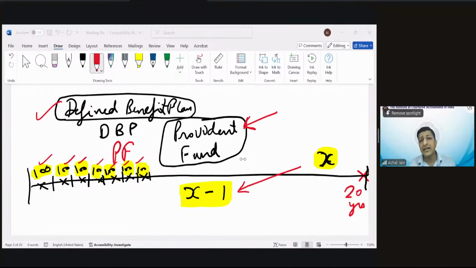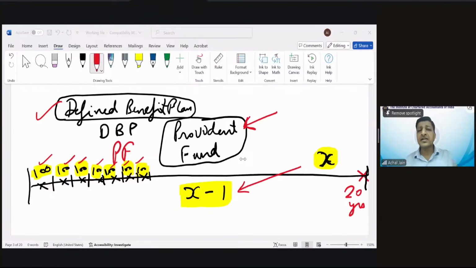And does it really matter? The answer is again no. Why? Because you need to understand the principle. Let's understand this with the help of an example. When we talked about leave encashment, the leaves which are unavailed, what did we discuss?